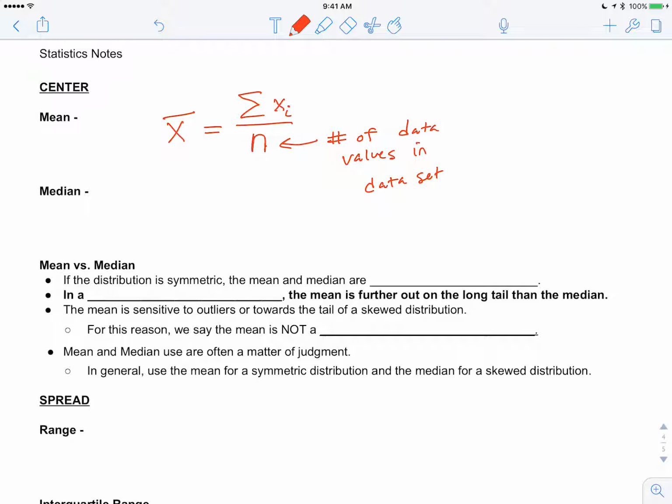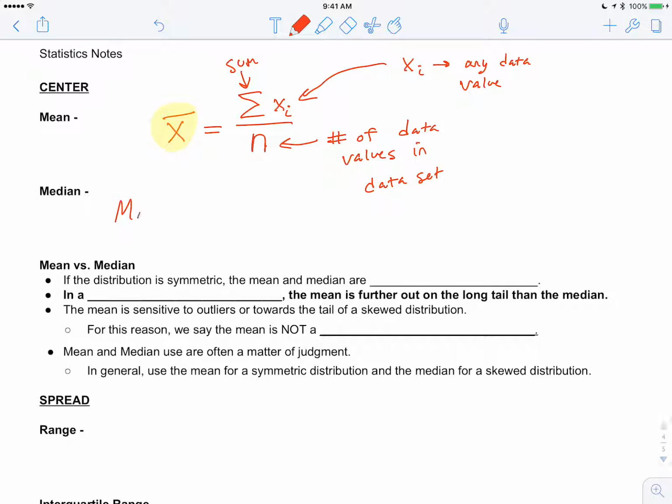Sigma notation just means we're going to sum all the different x sub i's, so every one of the data values. The x sub i means any data value. And the sigma, remember, means sum. Just some shorthand notation for that. But the big thing here, you have to remember x bar. Whenever you see that, it's going to be mean.